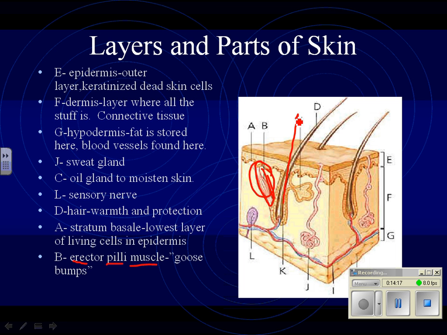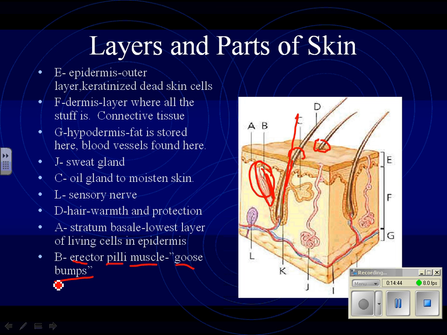We really don't know why humans still have the ability to do that, because it doesn't really make you look bigger or anything. There is some evidence that it might help you stay warmer, but as the muscle contracts and pushes the hair up, it forms a bump. All the hair bumps up, and so it pushes up on the skin and forms what we call a goose bump.